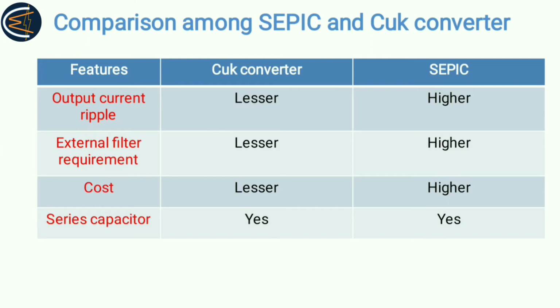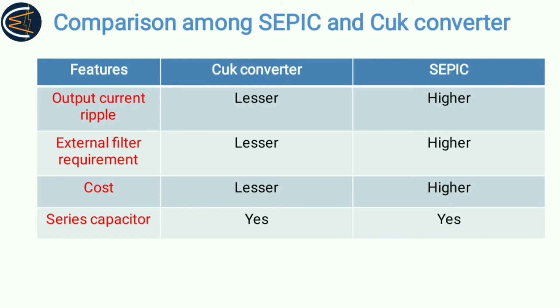So as a result, output current ripple for SEPIC becomes higher compared to Cuk converter. If I compare this with buck boost converter, then definitely buck boost converter has the highest current ripple at both input and output side due to the absence of inductors. But if I compare between Cuk and SEPIC, then Cuk has the least current ripple.